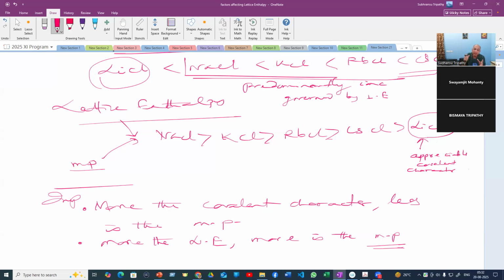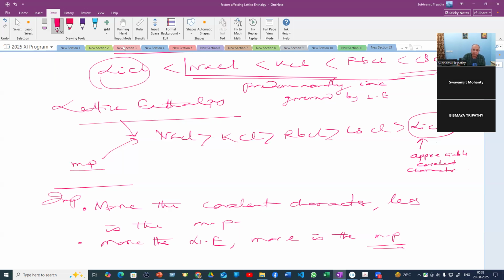But lithium chloride has an appreciable, though not predominant, covalent character. So that makes the net lattice enthalpy lessened, lowered, decreased, so that its melting point comes even lower than cesium chloride. In other cases, we shall see compounds looking like ionic compounds, but because their covalent character is appreciable, the covalent nature will decide the melting point trend.